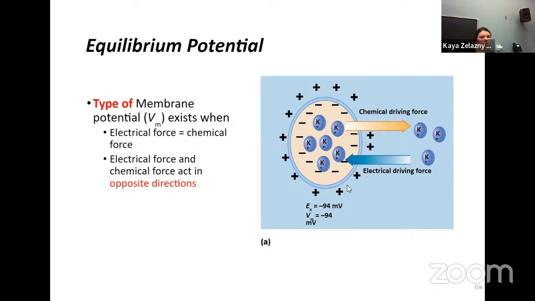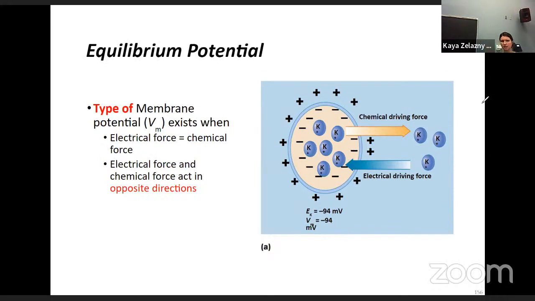So we're looking at our chemical driving forces, and we're looking at our electrical driving forces, and we want to know what happens if they're going in opposite directions. And ultimately, when they're going in opposite directions, if the electrical driving force is bigger, we go along with the electrical driving force. If the chemical driving force is bigger, we go along with the chemical driving force.